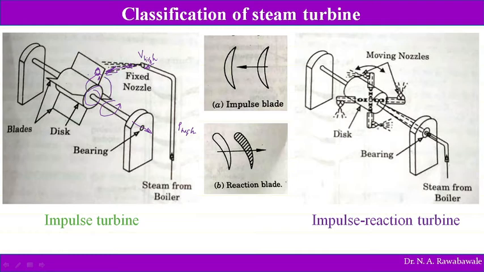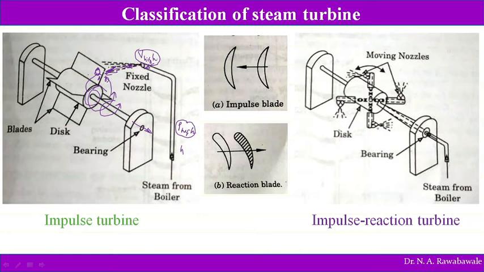A new blade comes in the path of the steam, and again it is struck by the steam, and hence the rotor starts to rotate, and heat energy is converted into mechanical work. Initially the heat energy or enthalpy which comes with the steam is converted in the nozzle into kinetic energy, that is, in terms of velocity, and that high velocity steam impinges on these blades.